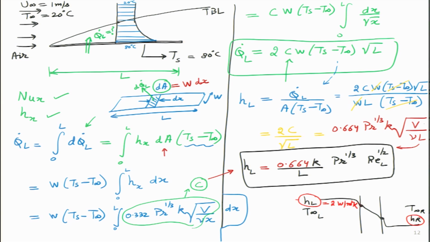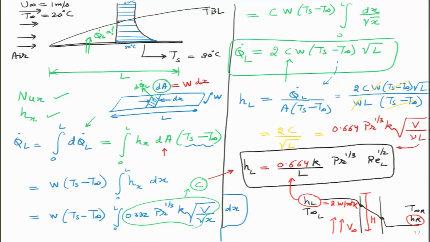Now, we can figure it out from all the properties here: if we know the height of this particular wall H, and the velocity of air, and the thermal properties of air like the value of K, rho, Cp, Prandtl number, and other properties, then I can figure out the value of HL. It is as simple as that. The only thing that we are assuming in this whole thing is that the flow is laminar. That is the only thing that we are assuming.